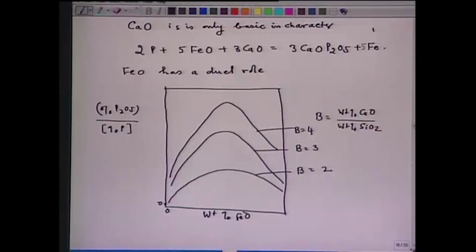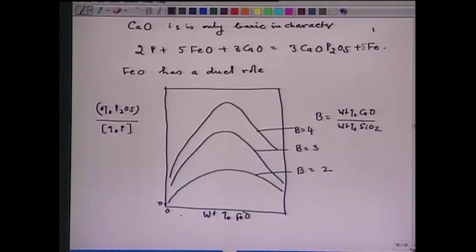Now, what does this particular presentation indicate? First, it indicates that as weight percent FeO increases, the dephosphorylation index increases, reaches up to a maximum value, and after the maximum value, further increase in FeO decreases the dephosphorylation index. This observation is valid for all basicities of slag. What does it mean?